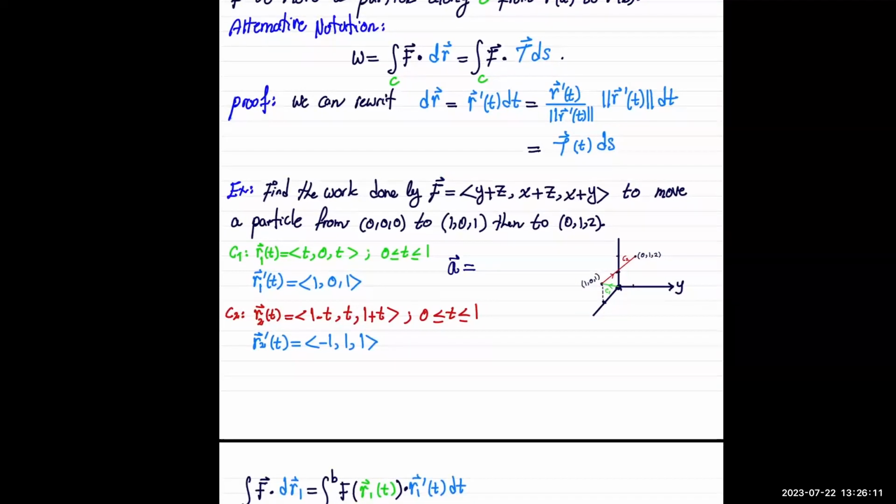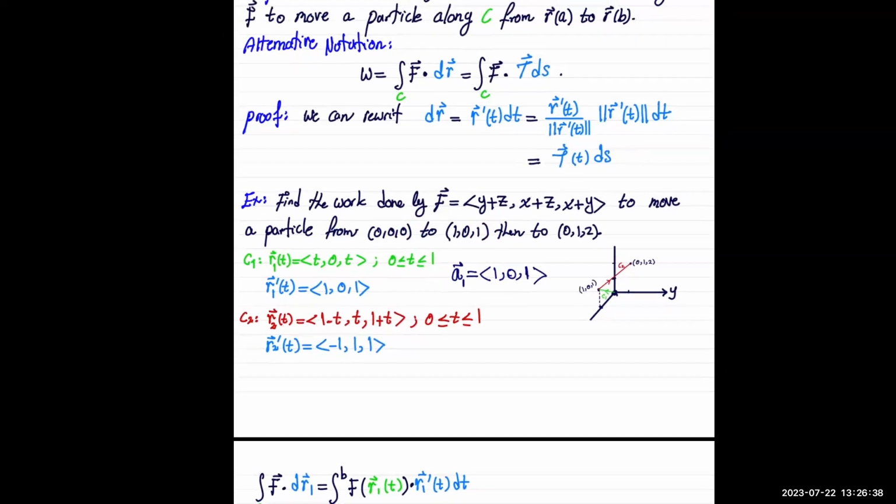How do you find that vector? You do the coordinates of the second point minus the coordinates of the first point. So we do 1 minus 0, that gives you 1. Then we do 0 minus 0, that's 0. And we do 1 minus 0, that's 1.